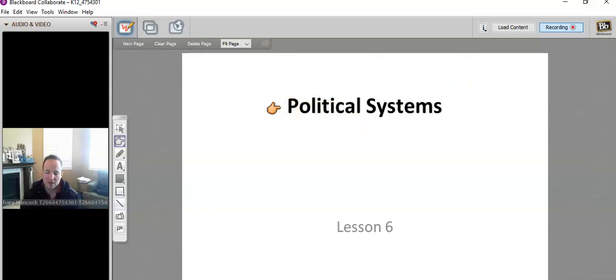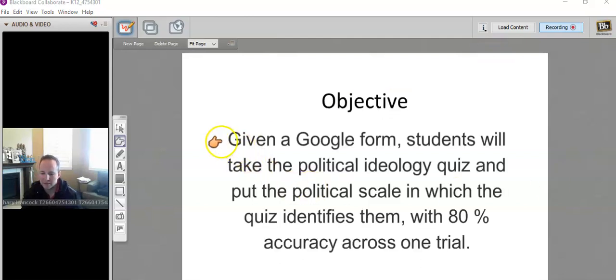So today we're going to be talking about political systems, particularly political systems in the United States. Our objective at the end of everything is that you're going to be given a Google form at the very end of it, just a little link, like I just gave you for all the other lessons. The students will take a political ideology quiz.